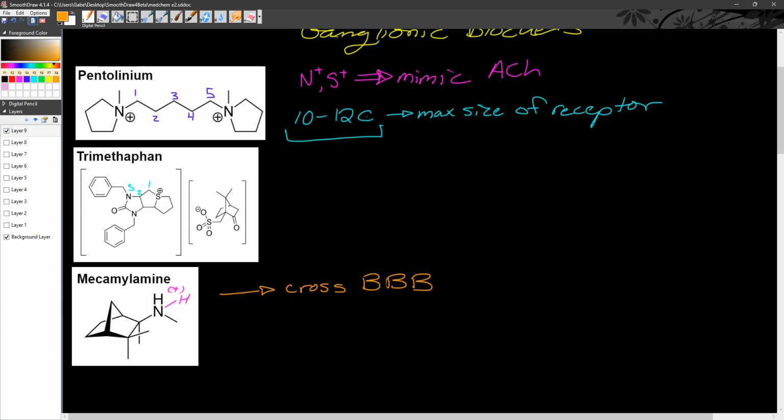What this means is that mecalamine is going to be working on the cholinergic receptors in the CNS, which means that it's almost working similar to a nicotinic drug like varenicline or nicotine itself. If you compare mecalamine to nicotine, you'd see that they're very similar in 3D structure, maybe not 2D structure as we draw them on the screen.